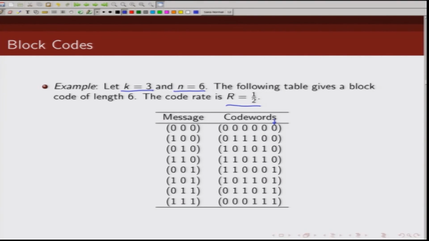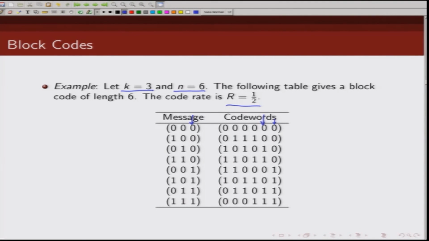How did we get this column? If you look at the information bits, this column is nothing but the same as this information bit column, 00001111.